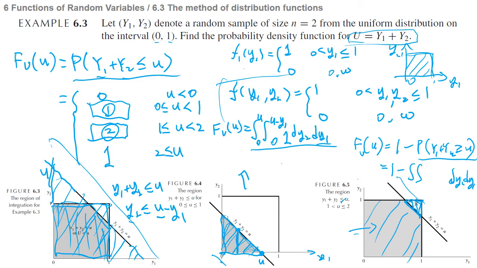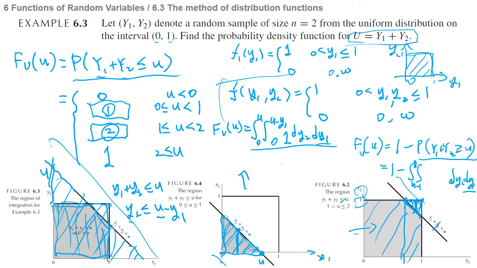This point is where y2 equals 1, and this line is y1 plus y2 equals u, so y1 is u minus 1. So y1 is defined from u minus 1 to 1.